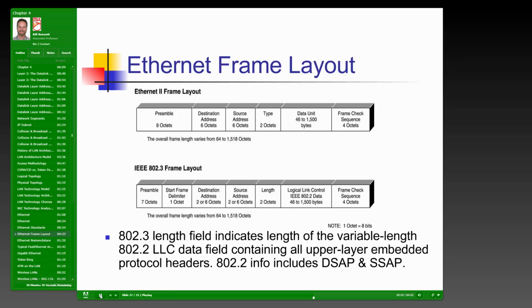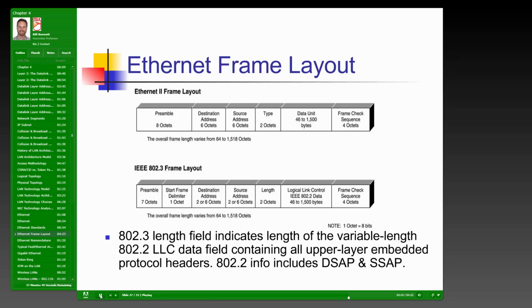The length field just basically identifies how many bits are being used to define the logical link control. And again, remember that the logical link control is the upper sublayer of the Datalink layer, and that's the 802.2 specification from IEEE. What that does is very much like the type field of Ethernet 2. It just tells the network interface what protocol is operating at the next layer up.